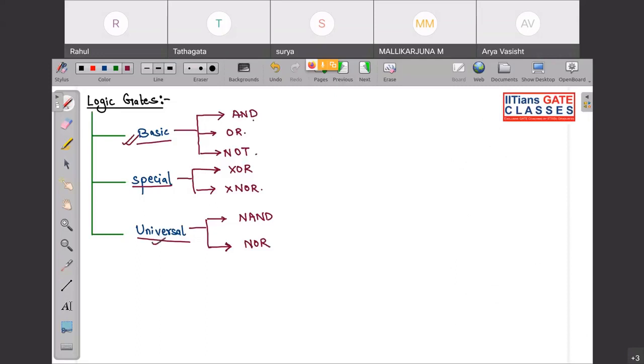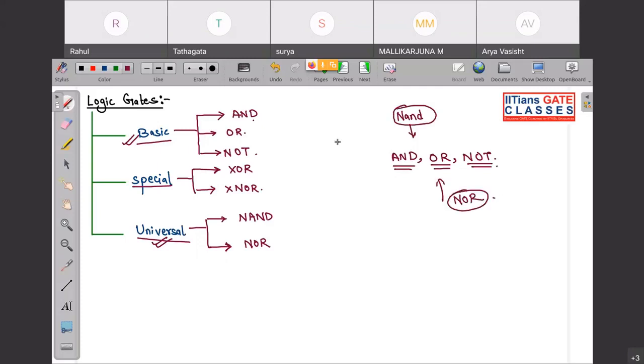Now, why is a universal gate called universal? See, AND, OR, and NOT gates I can construct using only NAND gates. So I can construct the AND gate, OR gate and NOT gate simply by using only NAND gates, or by using NOR gates.